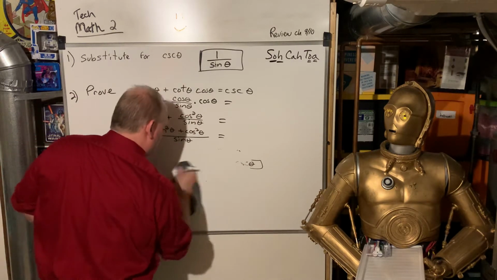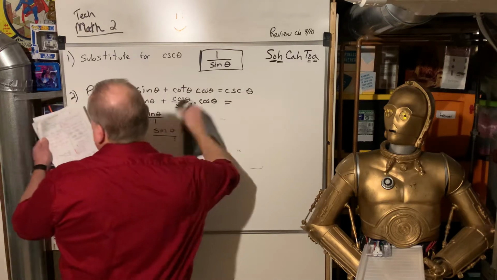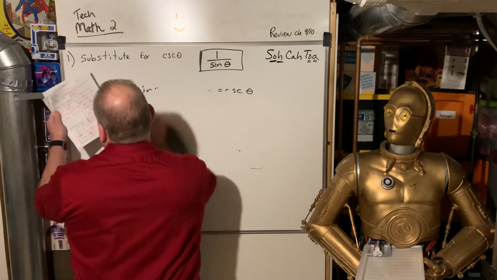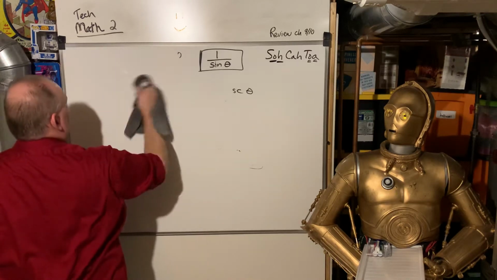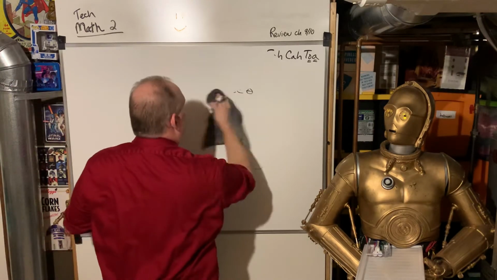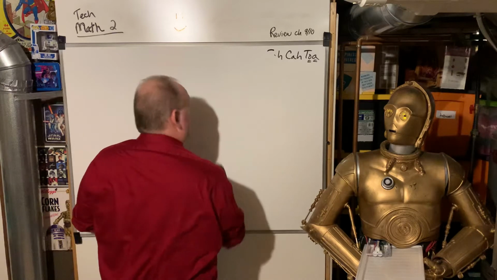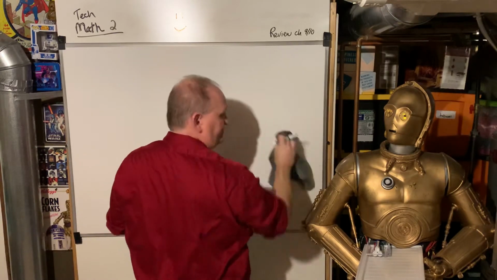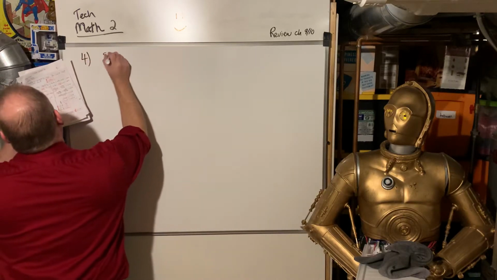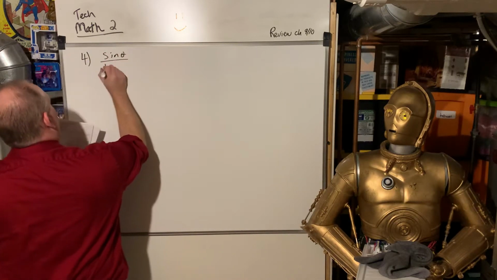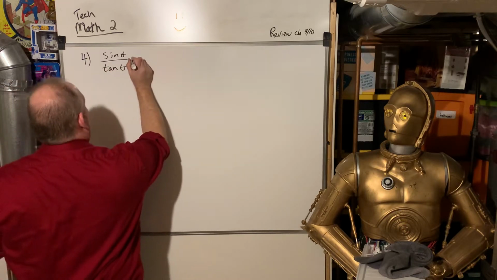So numbers 4, 5, and 6 are dealing with more identities, like trig identity things. Number 4, the sine theta over the tangent theta, and they want us to simplify that.